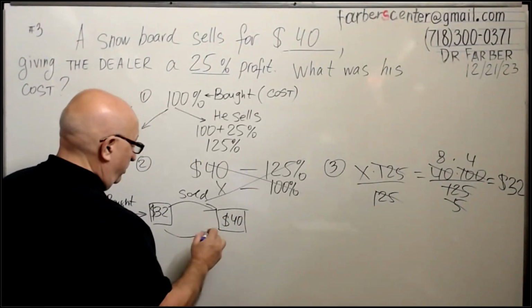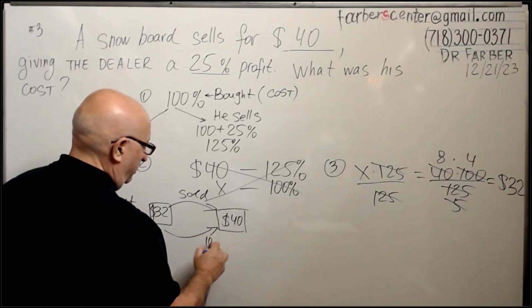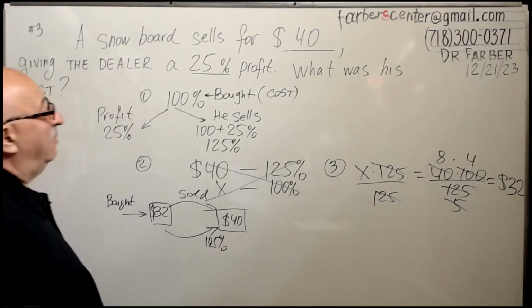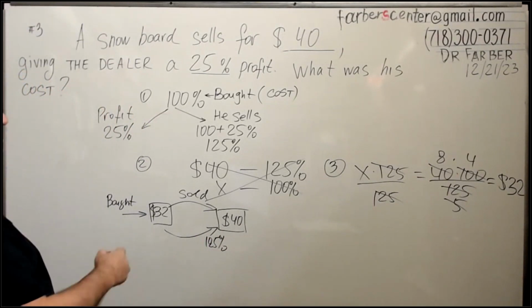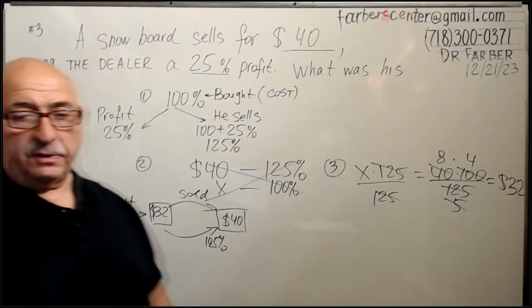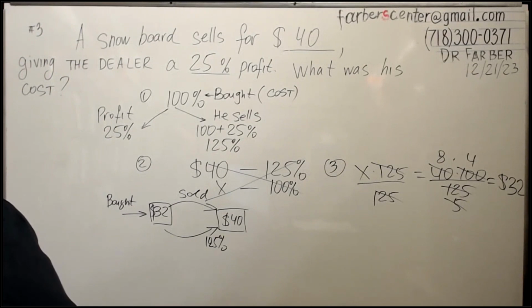And this $40 included his profit of 25%. If you understand this, after that it's just mechanics here. Better? Who feels better about this problem right now? Better. Who has a question? Without hesitation, ask me.